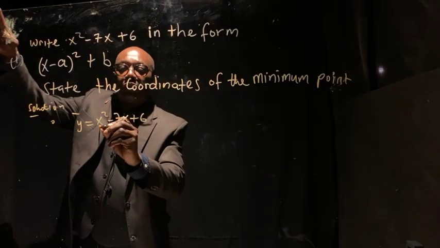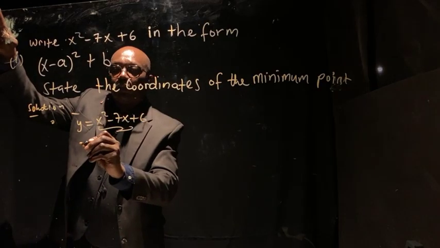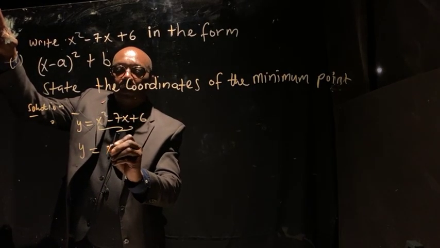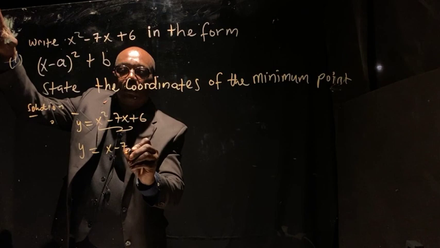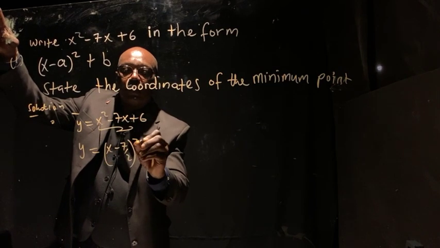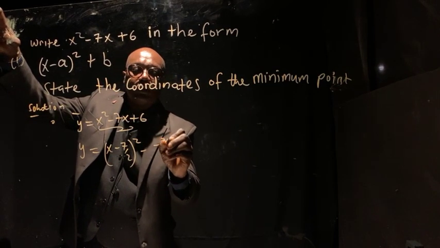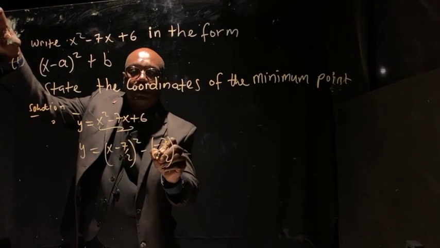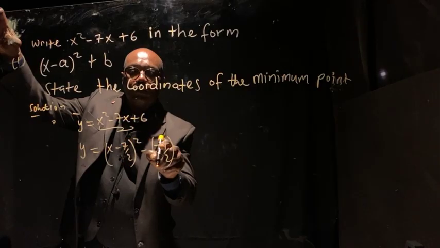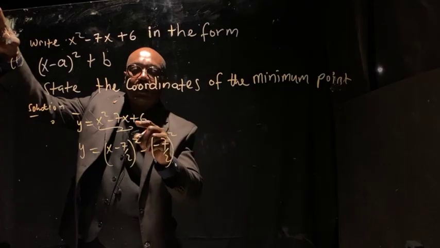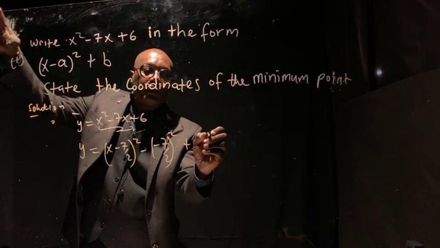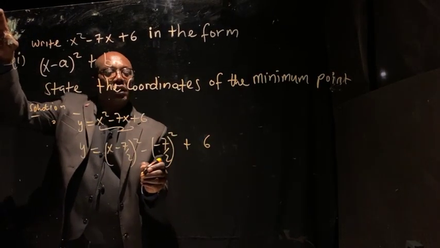And then this portion, we will complete the square. So it becomes y equals (x minus 7 over 2) squared minus (minus 7 over 2) squared, that's minus 7 over 2, the same here, squared, then plus 6. Very good.